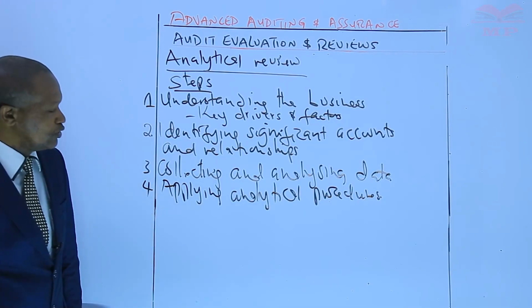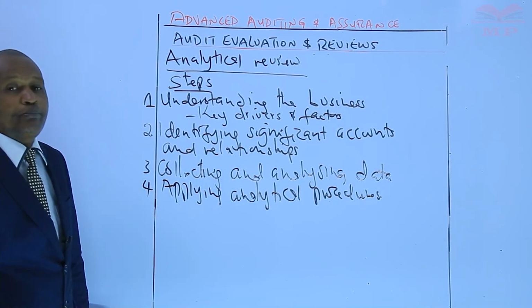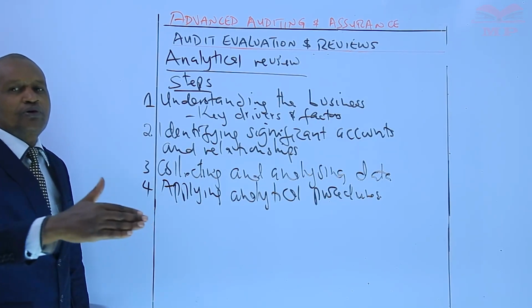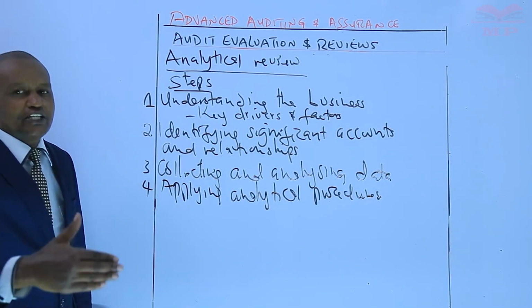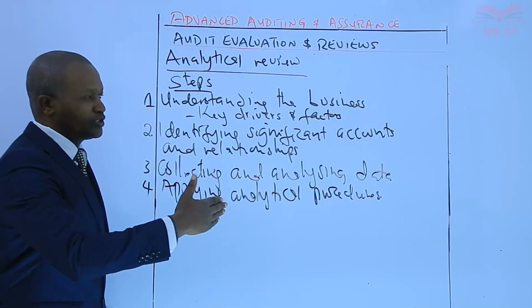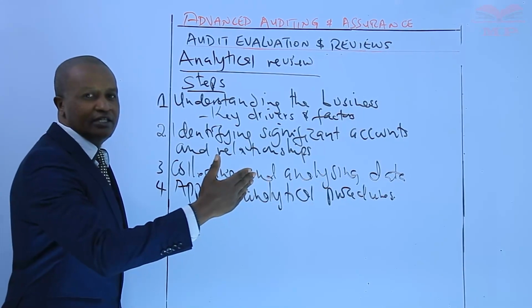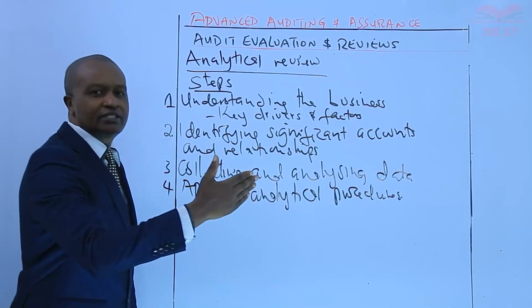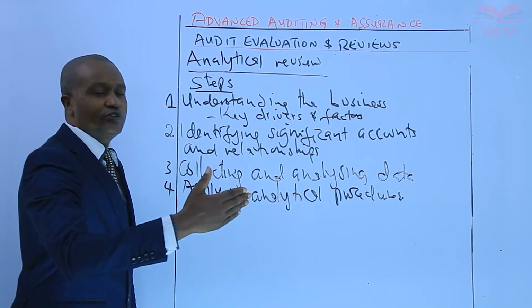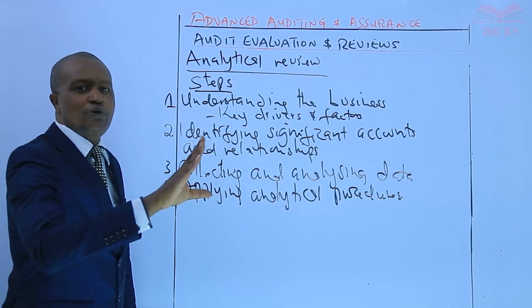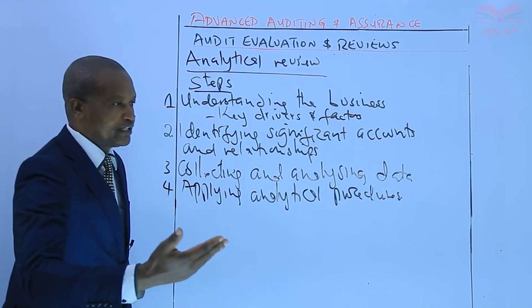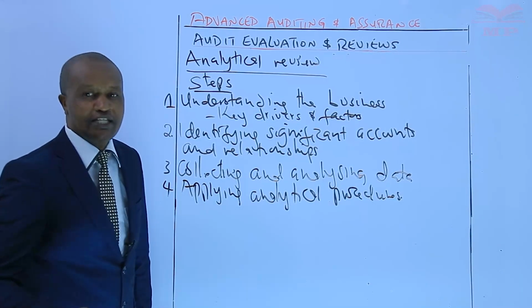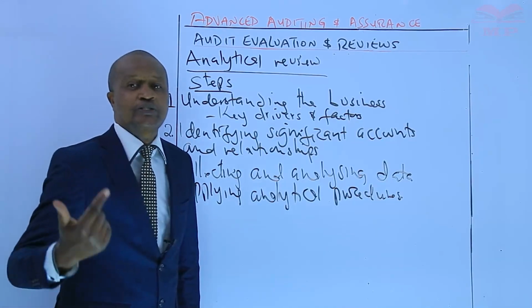I've given an example on how that can be done. Compare, for example, the current financial information with the prior periods, with the budgeted amounts, with the benchmarks, with the other internal and external sources. And the purpose for comparing is so that the auditor can detect any anomalies or any inconsistencies.